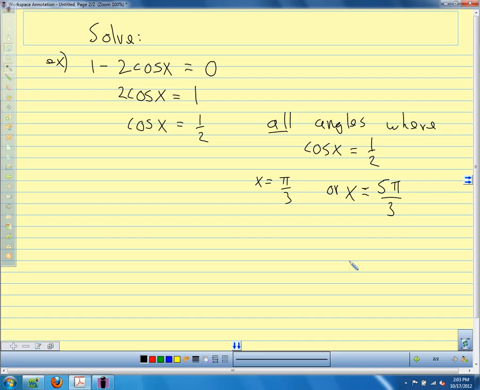A coterminal angle is any multiple of 2 pi, and the way we write that is pi over 3 plus 2n pi, where n is just an integer: 1, 2, 3, 4, 5, -1, -2, -3. So the 2n pi just takes us around the unit circle more and more times. So my solutions for this equation are x equals pi over 3 plus 2n pi, or x equals 5 pi over 3 plus 2n pi. These angles, or any coterminal angle, would solve this equation. Does that make sense?